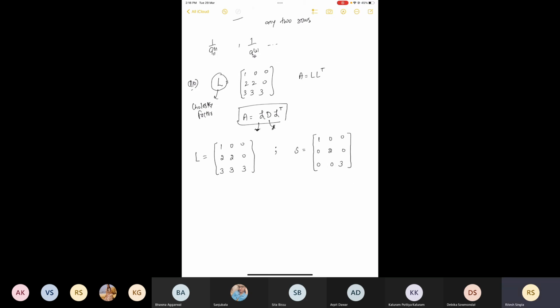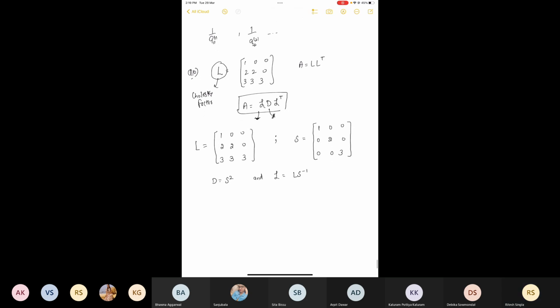Then what I'm saying is your D is nothing but S square and your new L is nothing but L into S inverse. Will it work? So we can see that A is L L transpose.